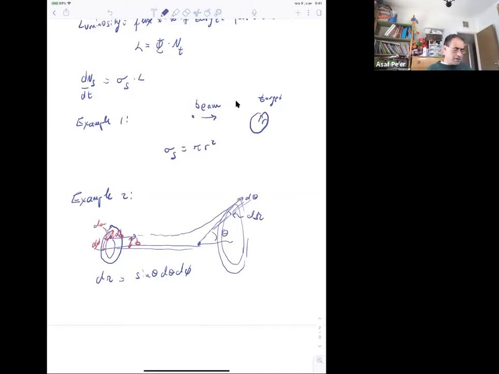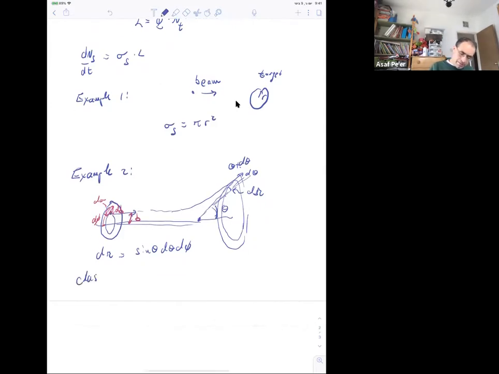Now the cross section is the size of the area element which the particle must collide in order to be scattered at angle theta to theta plus d theta. So this is theta, and this would be theta plus d theta.